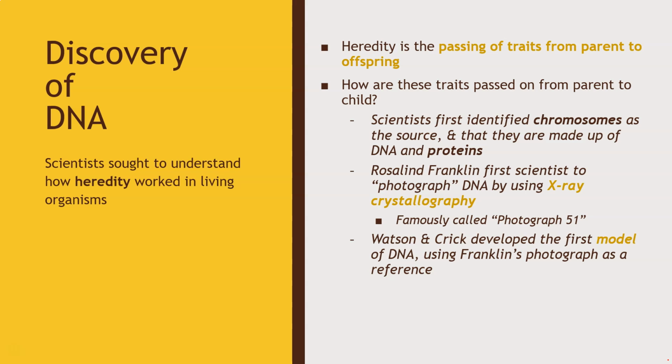In the 1950s, however, a scientist by the name of Rosalind Franklin came up with the first photograph of DNA using a process called X-ray crystallography. She had taken many photos, but the one that clearly identified what DNA looked like was called photograph 51.